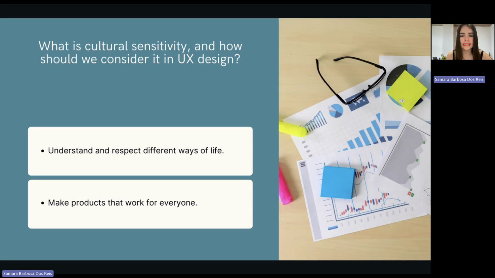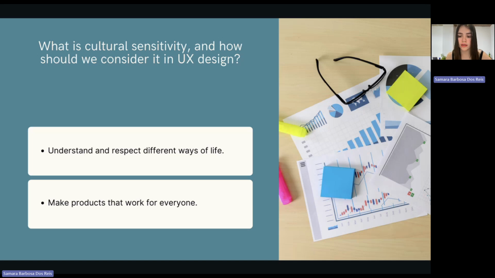Now a really interesting topic: what is cultural sensitivity, and how should we consider it in UX design? Cultural sensitivity means understanding and respecting differences in values and behaviors between cultures. In UX design, this could mean avoiding symbols or language that might be misunderstood. It also means making products inclusive for people from diverse backgrounds, especially in plural cities such as Sydney.